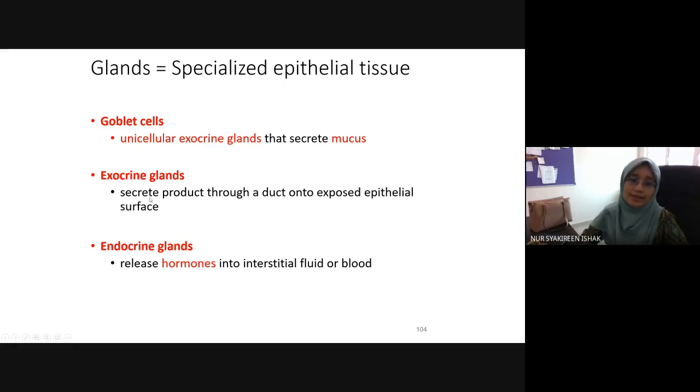So exocrine glands, what do they do? They secrete products through a duct onto an exposed epithelial surface. The easiest example of exocrine glands is the salivary glands, which secrete amylase into ducts and then into your oral cavity, the epithelial surface. Or the pancreas.